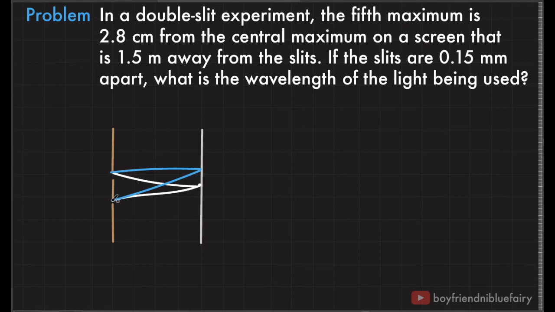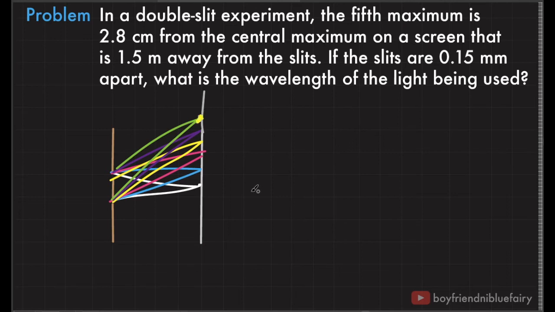So the second maximum is right here. And let's assume that the third maximum is right here, the fourth maximum is right here, and finally, the fifth maximum is right here.